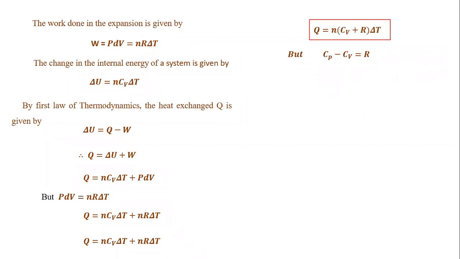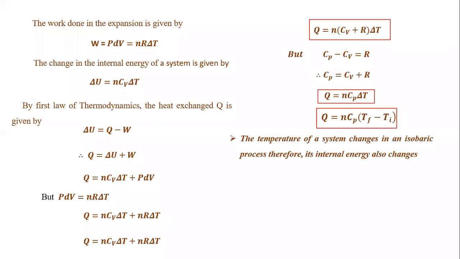Cp minus Cv is R. So here we can write Cv plus R is Cp. Let me substitute. So we get Q is equal to n Cp into delta T. Delta T is the change in temperature, so final temperature minus initial temperature is the change in temperature. So we get this formula.